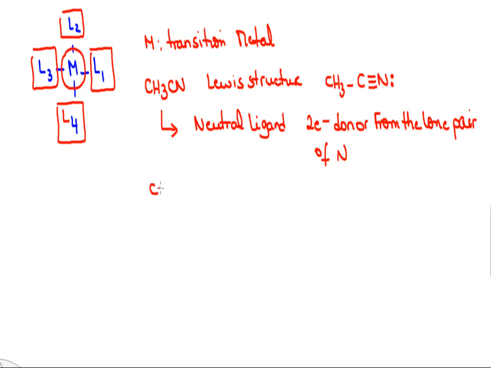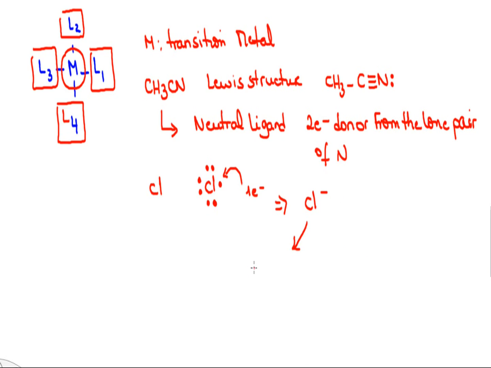Suppose you have another ligand, L2 is Cl. We don't know the donation of this ligand. I can write the Lewis structure. Cl has 7 electrons. To have a complete Lewis structure, we have to add 1 electron. So Cl used is Cl minus.